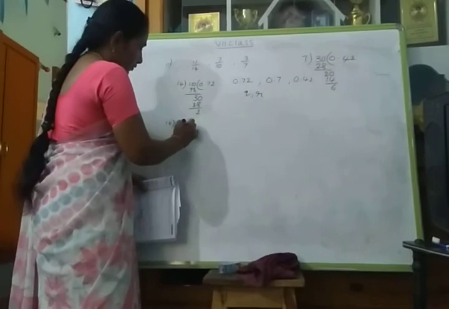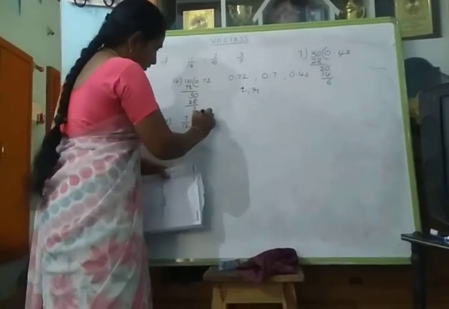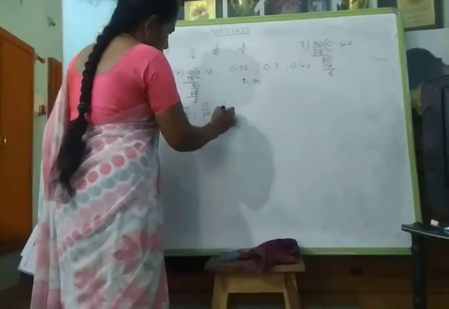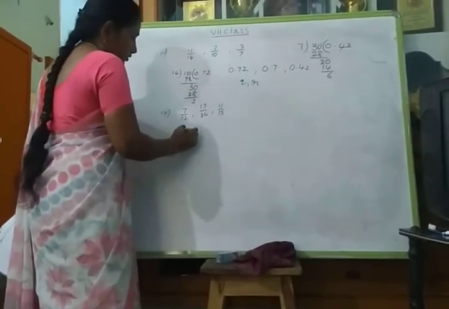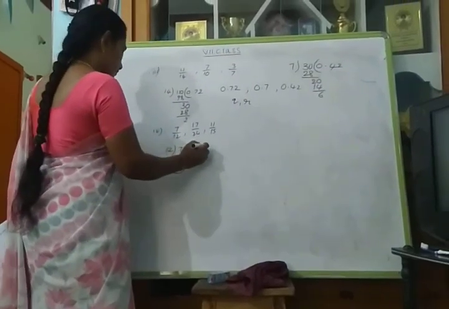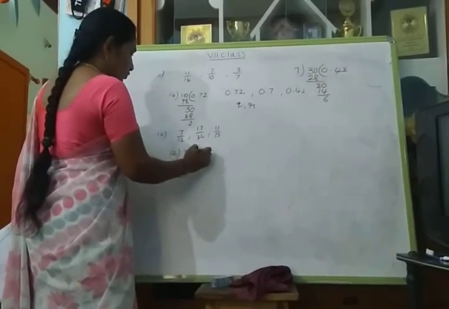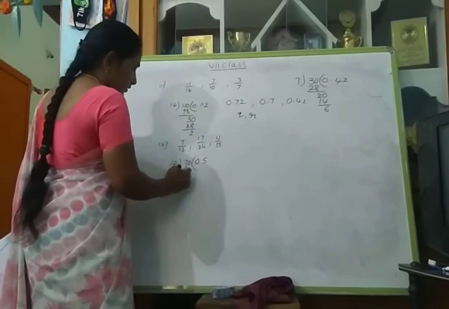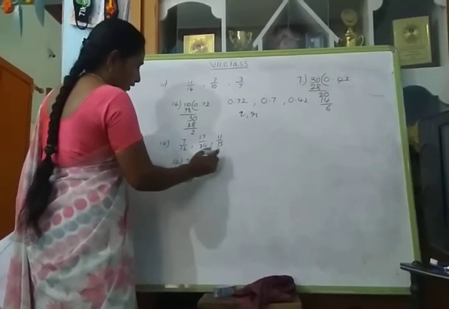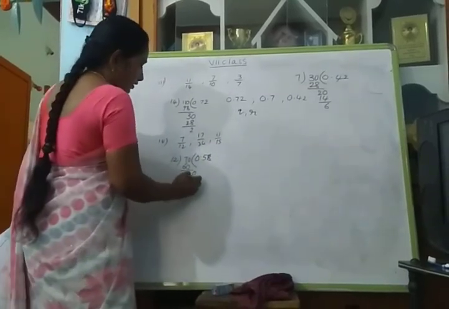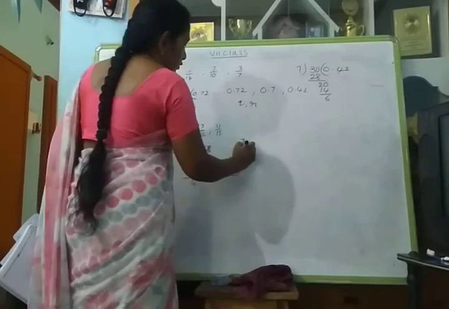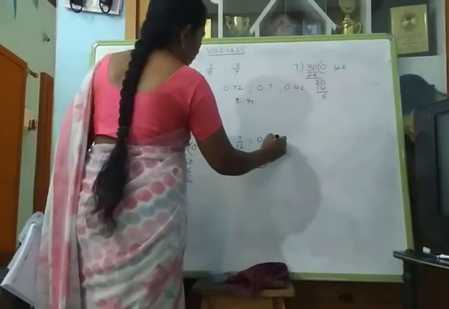Next, the last one: 7 by 12, 17 by 24, 11 by 15. 12 6s are 72, 12 5s are 60, 12 8s are 96. So 7 by 12 you get 0.58.